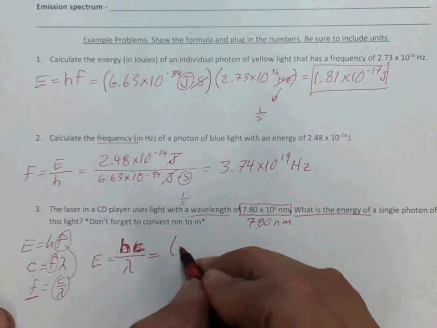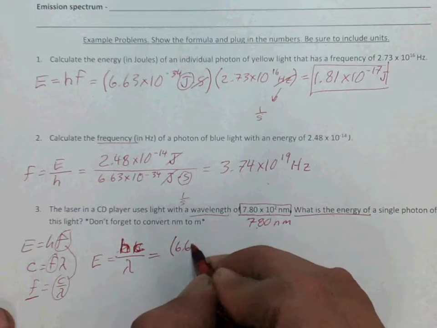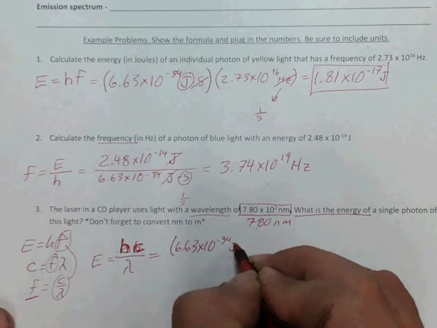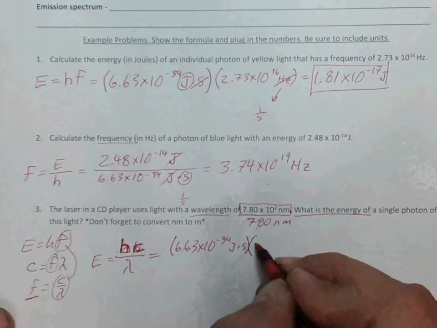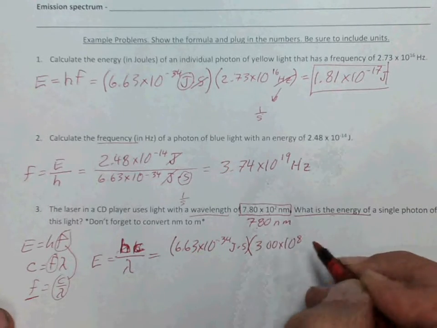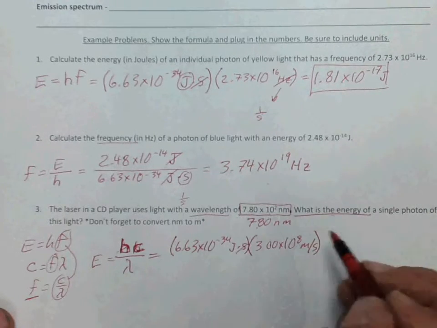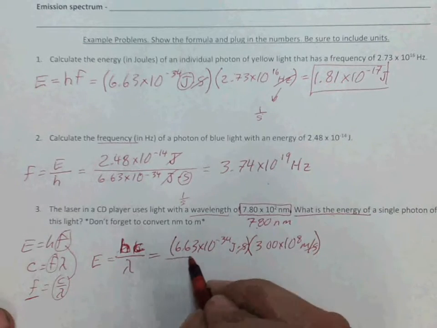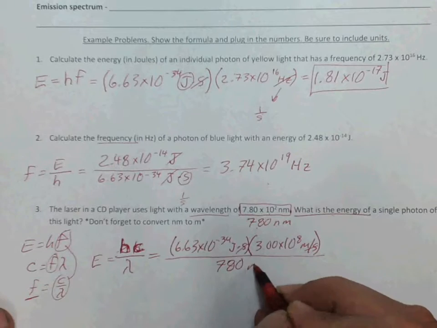So H is our 6.63 times 10 to the negative 34 joules times seconds. C is 3.00 times 10 to the 8th meters per second, and our seconds and our per seconds cancel. And then we need to divide by lambda, which is 780 nanometers.